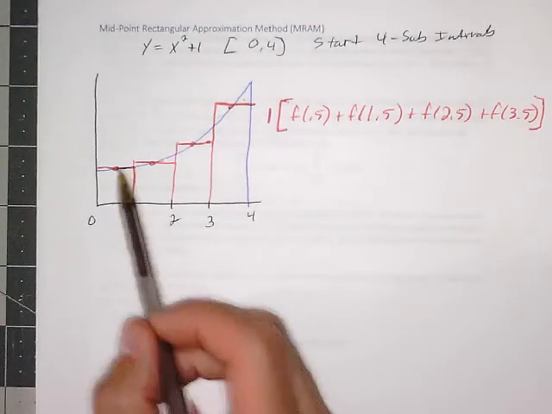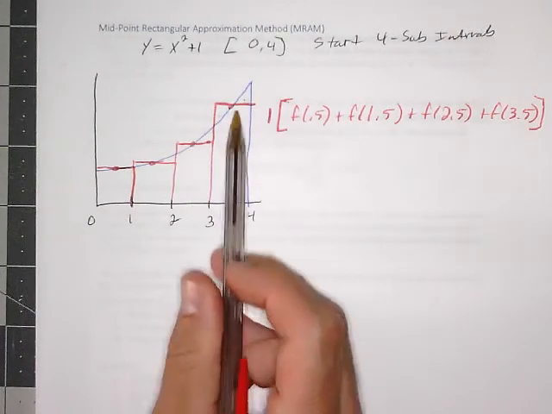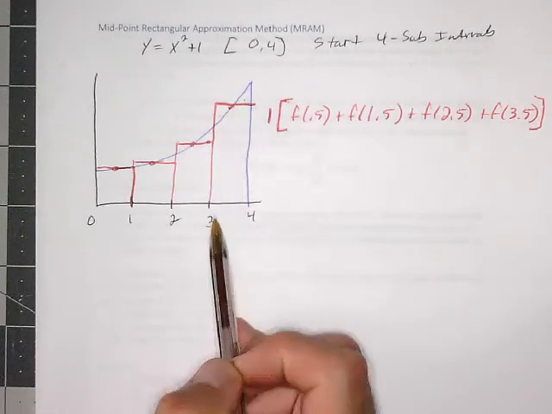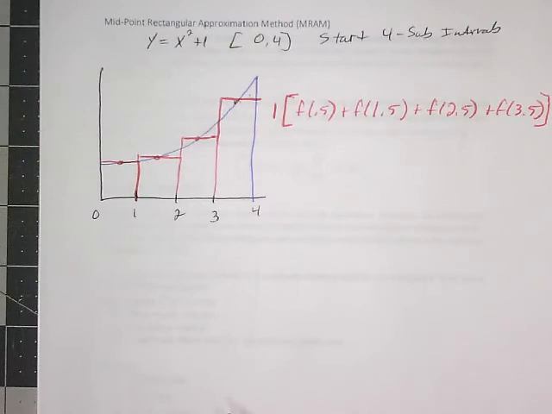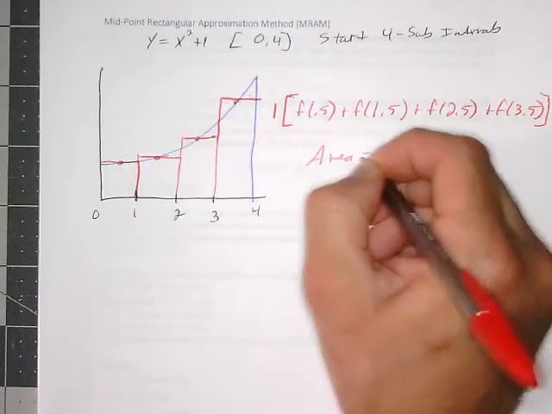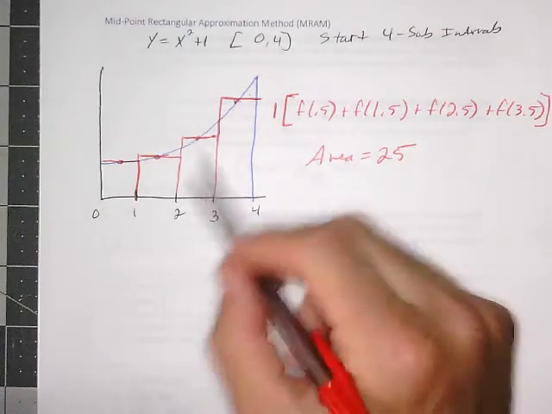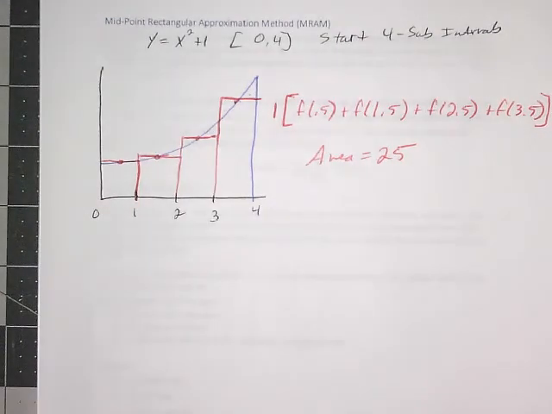Each of these is f of 1/2, f of 1 1/2, f of 2 1/2, f of 3 1/2. Those are all of our individual heights. When you work this out, you get an area of 25, which is really only off by 1/3, which is pretty impressive considering how much we're going over and how much we're going under, and that we're only using 4 subintervals.